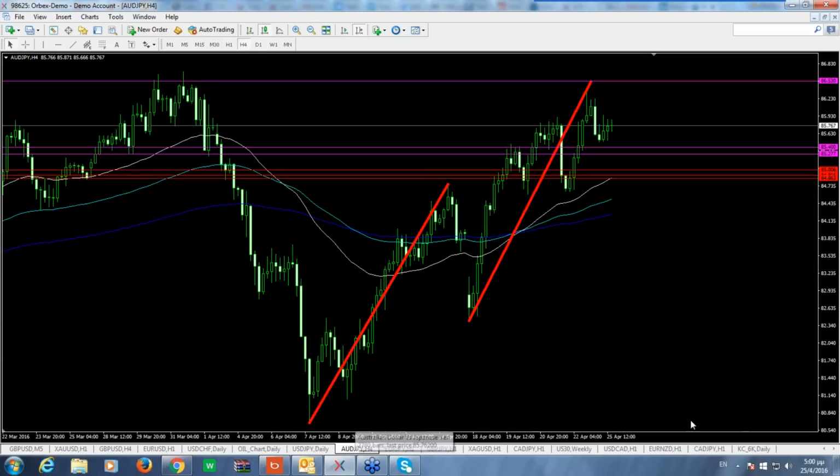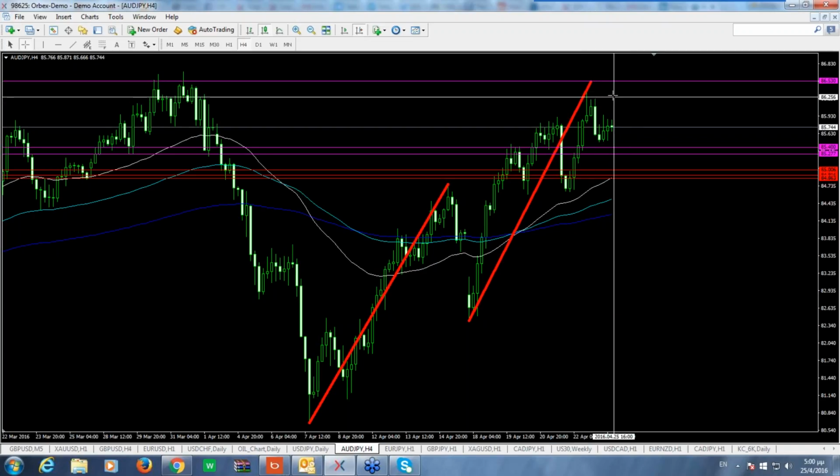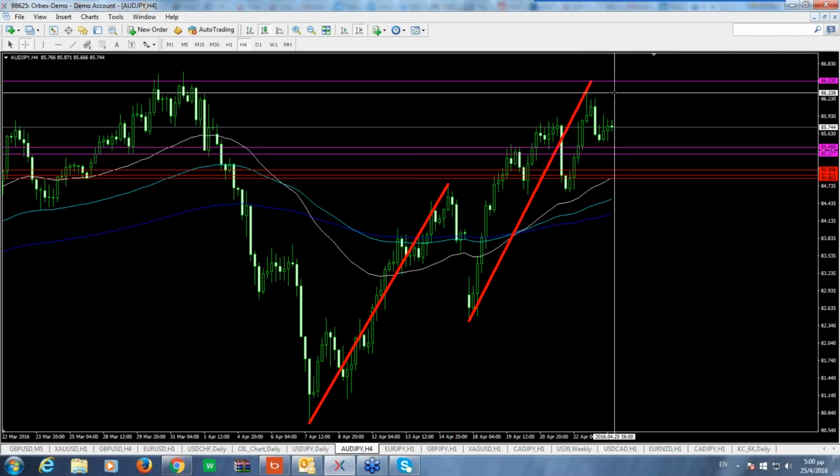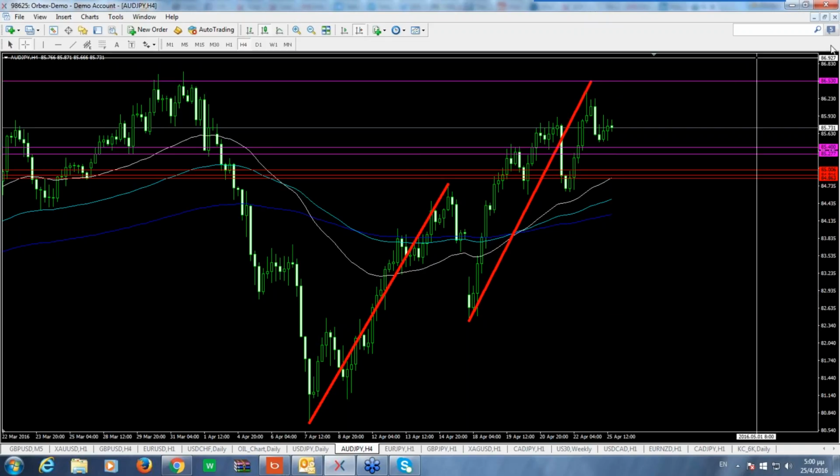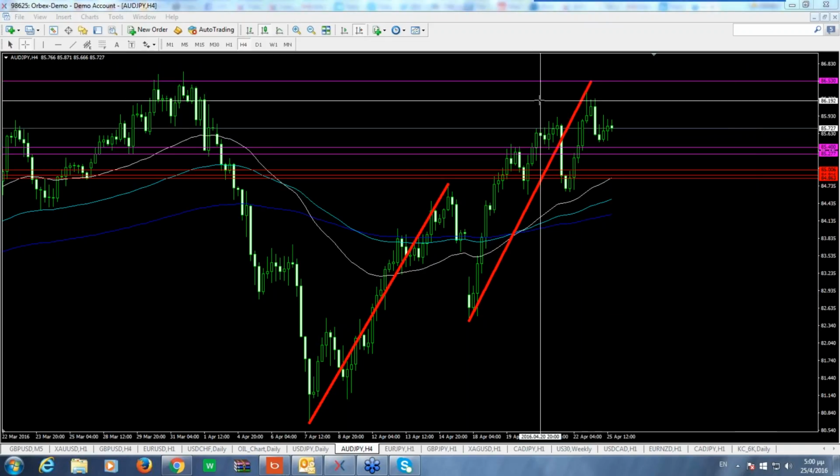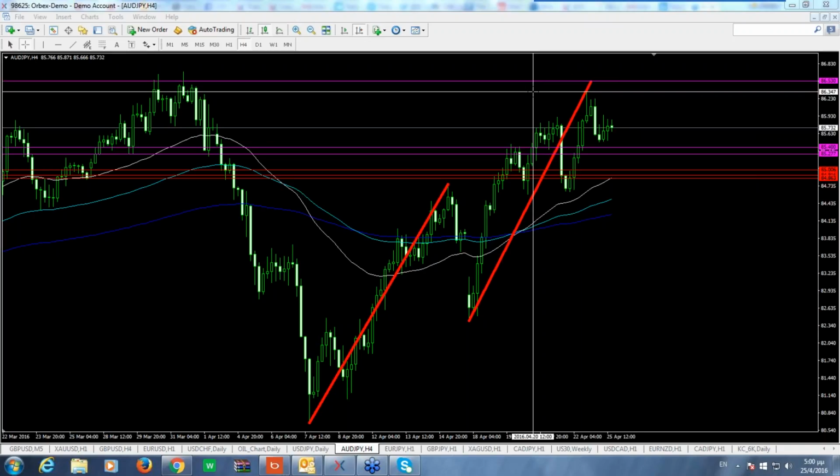AUD JPY, we have got a very interesting AUD JPY. We did see appreciation of price following this ABCD pattern, and it went up to this area here. Now it went up to that area here at about, let me just check, 86.34 at the moment.